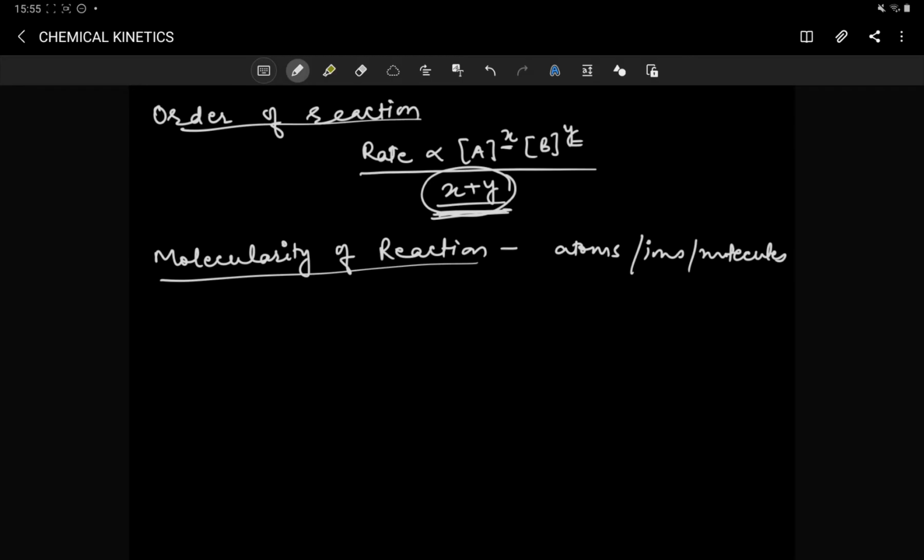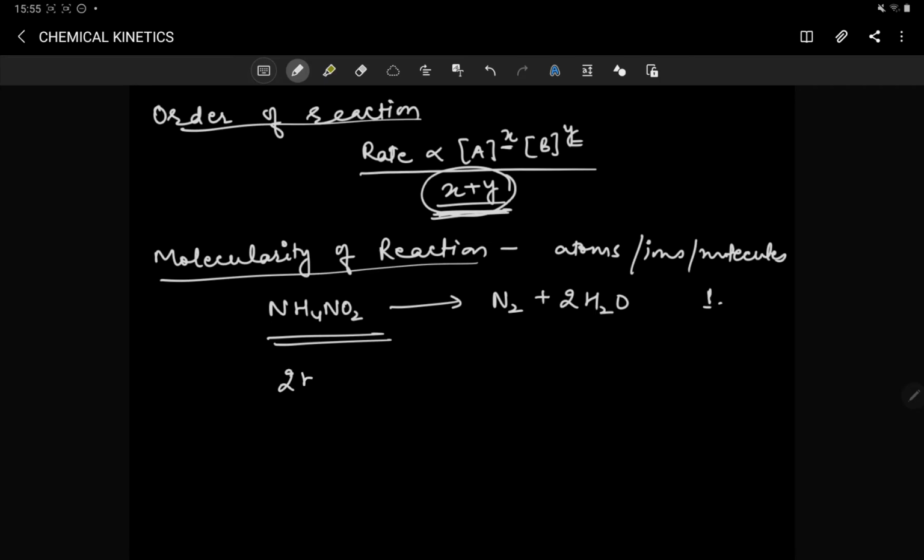For example, take the decomposition of ammonium nitrite. NH4NO2, when it gets decomposed, forms N2 plus 2H2O. Here only one molecule is involved, so this is a unimolecular reaction, or you can say the molecularity of this reaction is 1.